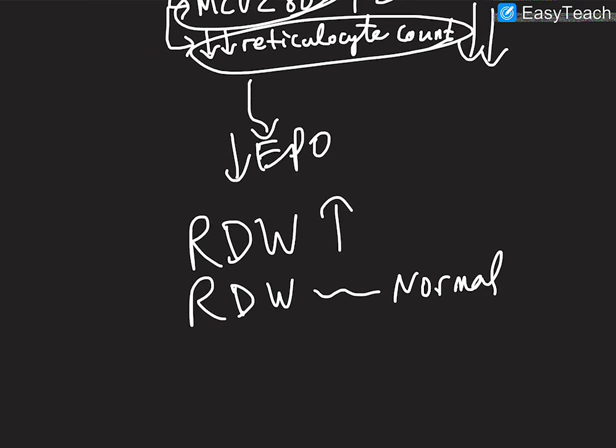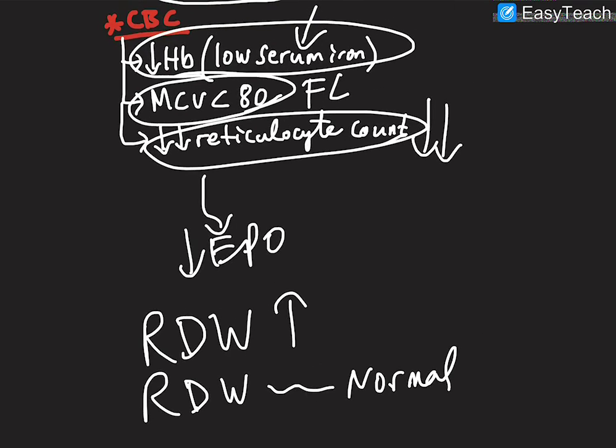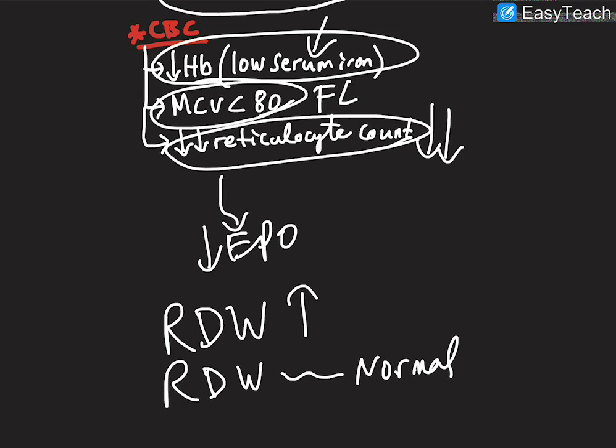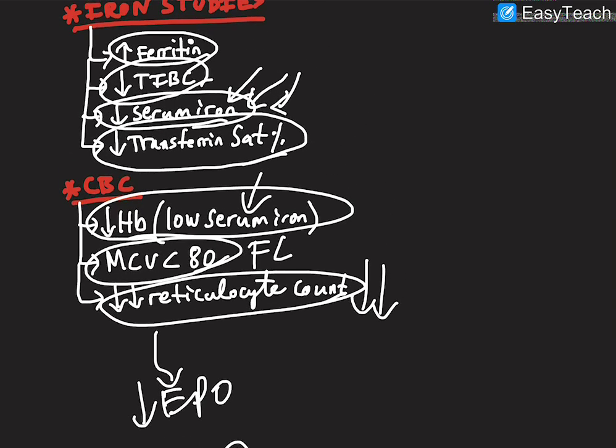So low hemoglobin, high ferritin, low TIBC, low serum iron, low transferrin saturation, normal RDW, and a normal or low MCV. Okay, that should give you an idea about anemia of chronic disease. Of course, a history of any chronic inflammation, cancer, chronic infection, or autoimmune disease should also clue you in to the patient having anemia of chronic disease along with the lab findings.